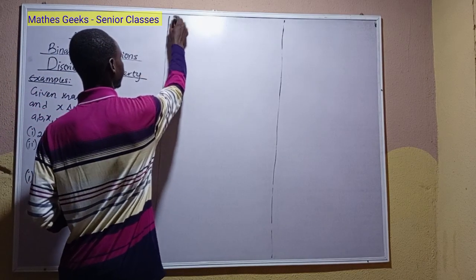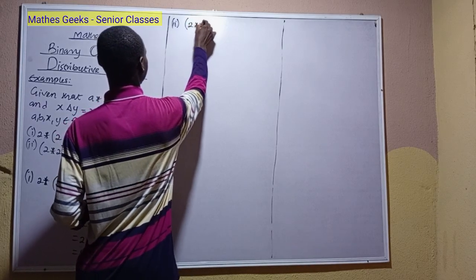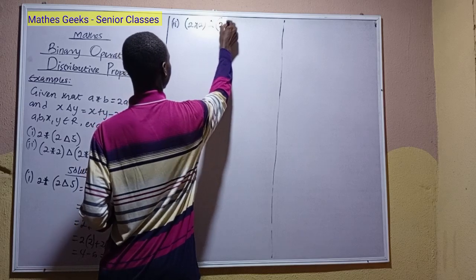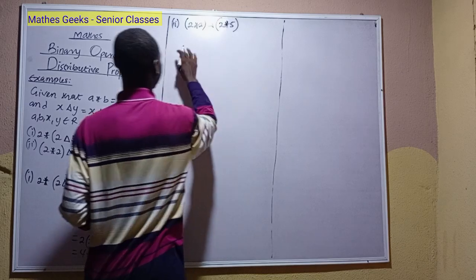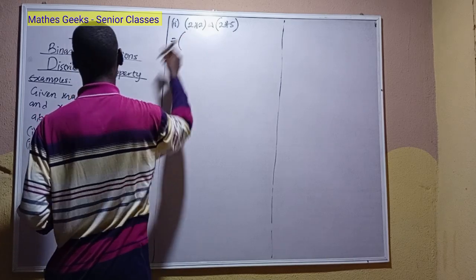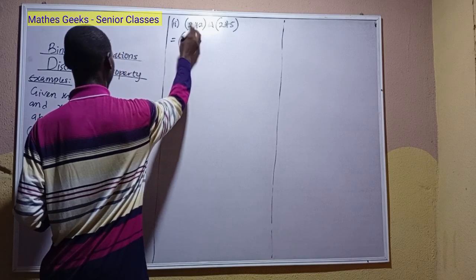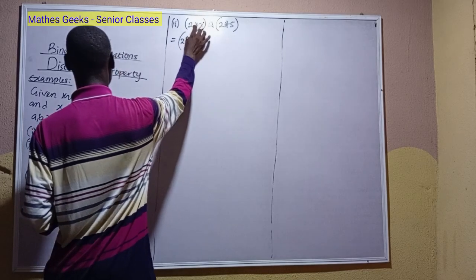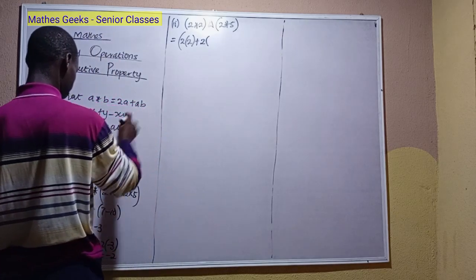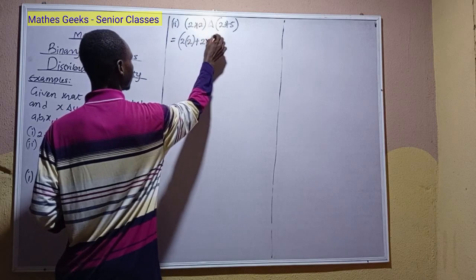Figure 2. Evaluate (2 star 2) ∇ (2 star 5). So let's get this. This will give us 2 star 2 using the star operation, 2a plus ab. 2a is 2 times 2, plus a times b, 2 times 2.